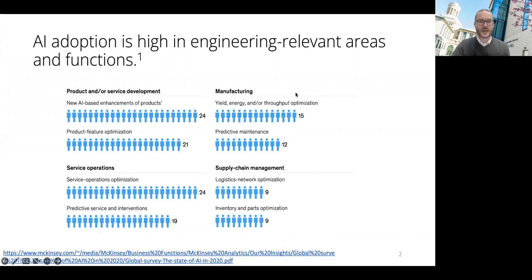We know that AI adoption is really common in industry and increasingly common in areas that are engineering relevant or engineering adjacent. We see a lot of AI adoption in product development and service development, used for both design and implementing AI-enhanced features. It's used in manufacturing, service operations, and supply chain management, and these figures are also 2 years old, so it is even more common today.